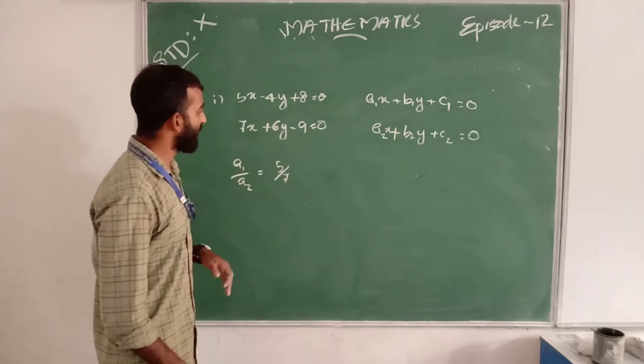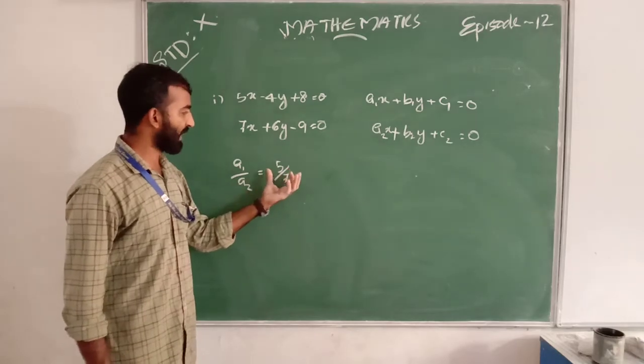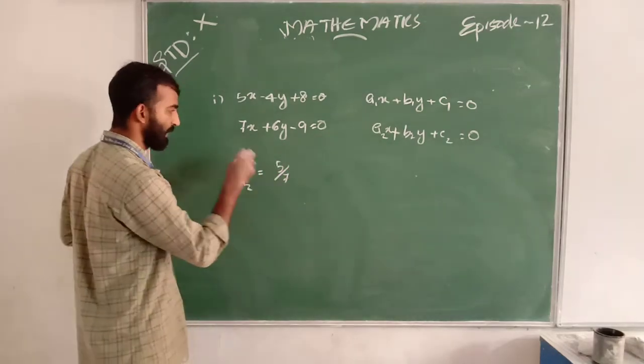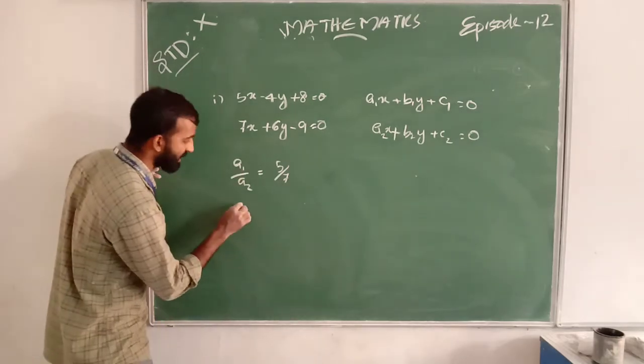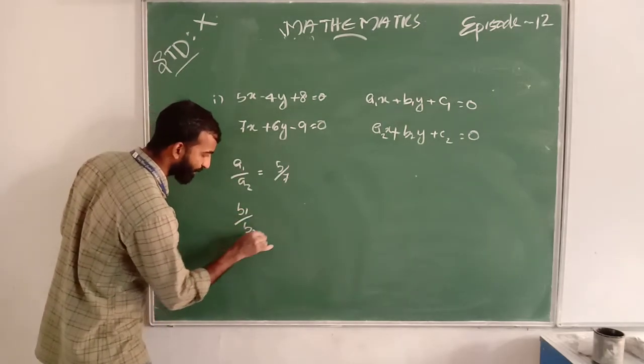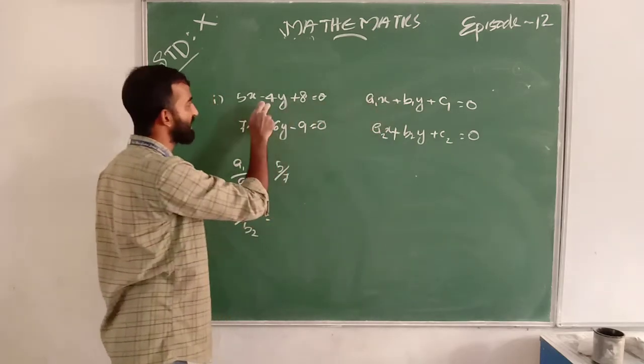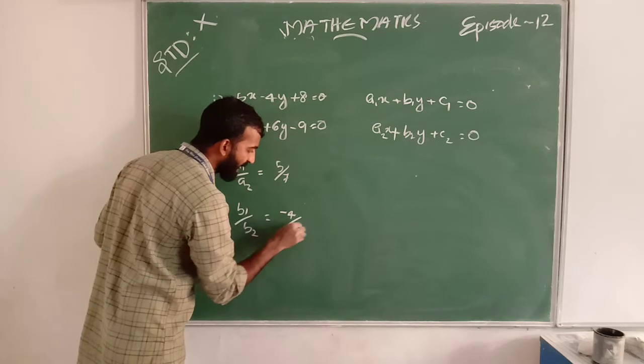Here there is no simplification, that is, there is no common factor. So a1 by a2 is 5 by 7. And next is b1 by b2. Here b1 is, we can take negative 4 by 6.